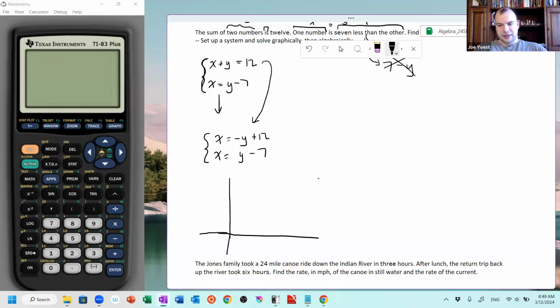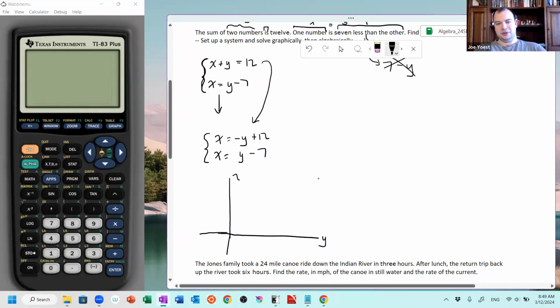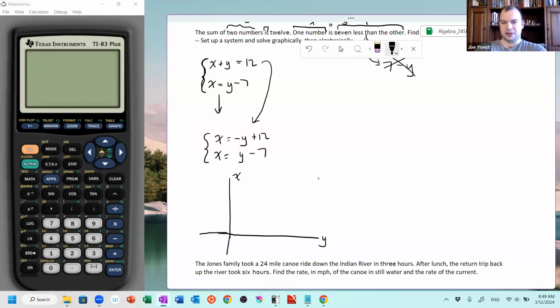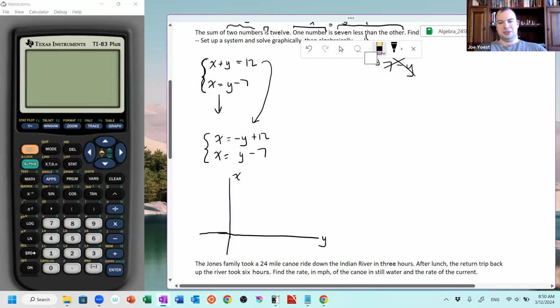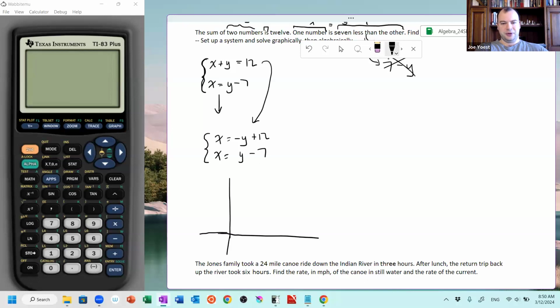And again, I can graph X versus Y, or I can graph Y as the independent variable, Y on the horizontal axis, X on the vertical axis. It doesn't much matter. When we're thinking of a functional relationship between X and Y, it's maybe a little more important to keep our X's and Y's sorted. But here we just gave the names X and Y to these two variables, so it doesn't matter a whole lot how we graph them.